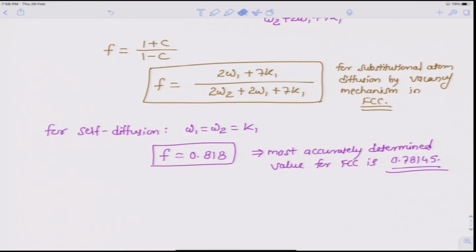But in reality, the vacancy can go onto the second coordination shell of the tagged atom and still come back. Similarly, it can go into the third coordination shell and come back from there, and so on. So, since we ignored those jumps, we get a little bit of difference here, but still we could roughly estimate the correlation factor for FCC even with this simplistic assumption.